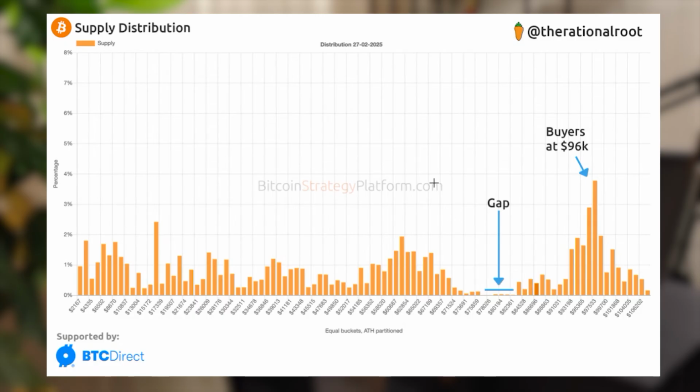I think that's part of the natural correction before the continuation of the next uptrend. This is a very interesting way to use data to see where we have a gap of interest or buying pressure in the markets.